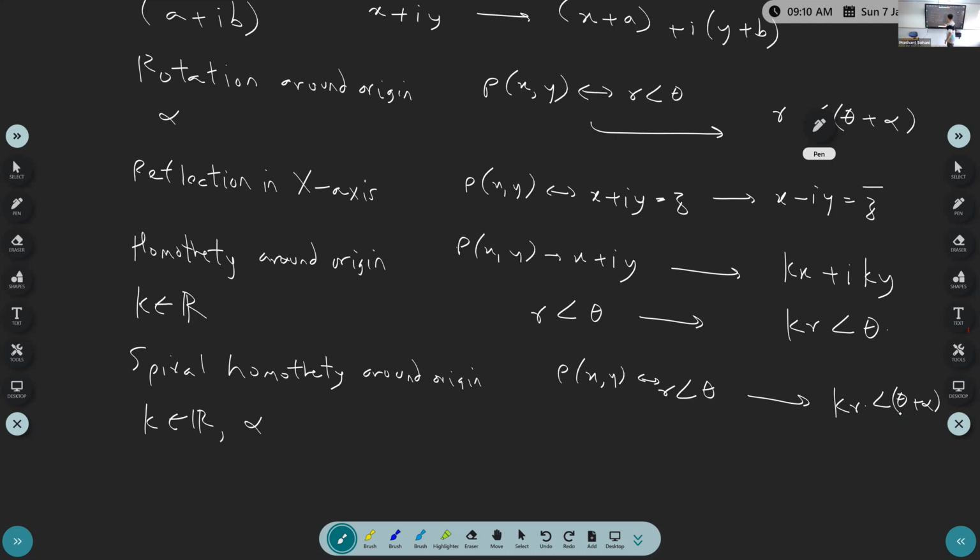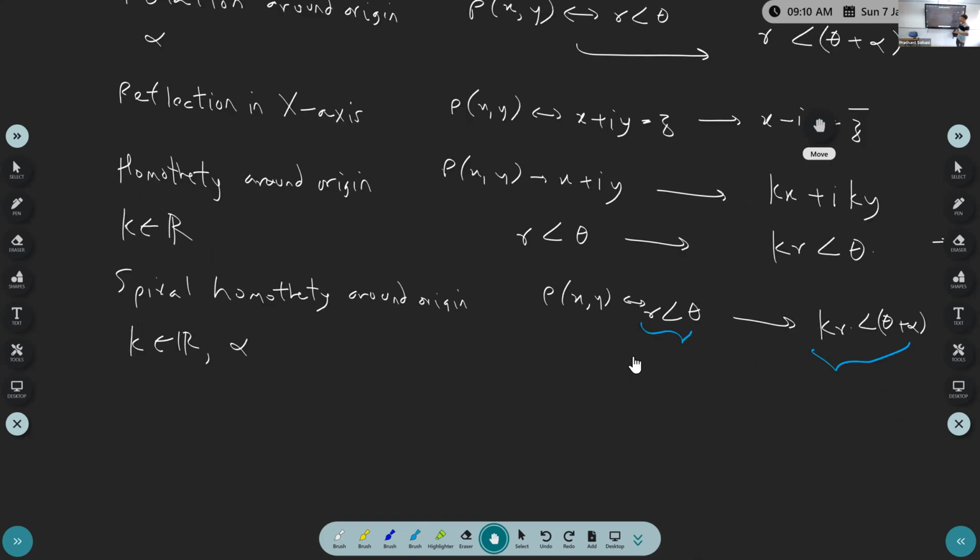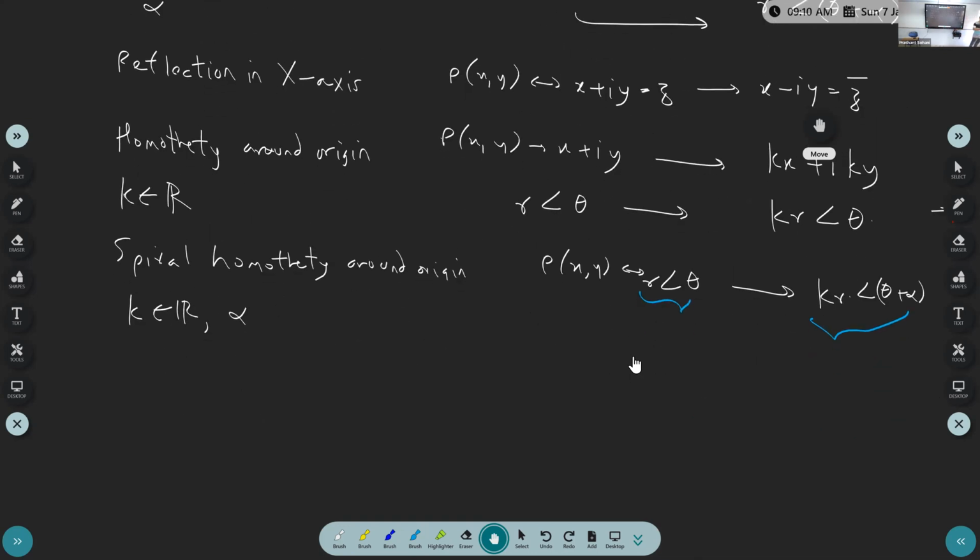Important to mention that if you look at this operation, in particular spiral homothety, going from this complex number to this complex number can also be thought of as a multiplication in the complex domain, right? Because if you remember how we defined multiplication of two complex numbers, we derived that when you multiply complex numbers, their magnitudes get multiplied and angles get added.